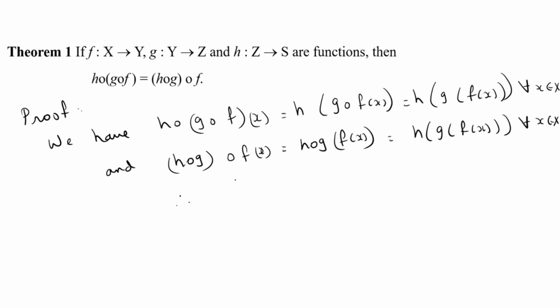Therefore, here we have got these two equal. This means h of g of f is equal to h of g of f. Therefore, h of g of f equal to h of g of f. So this is the first theorem.